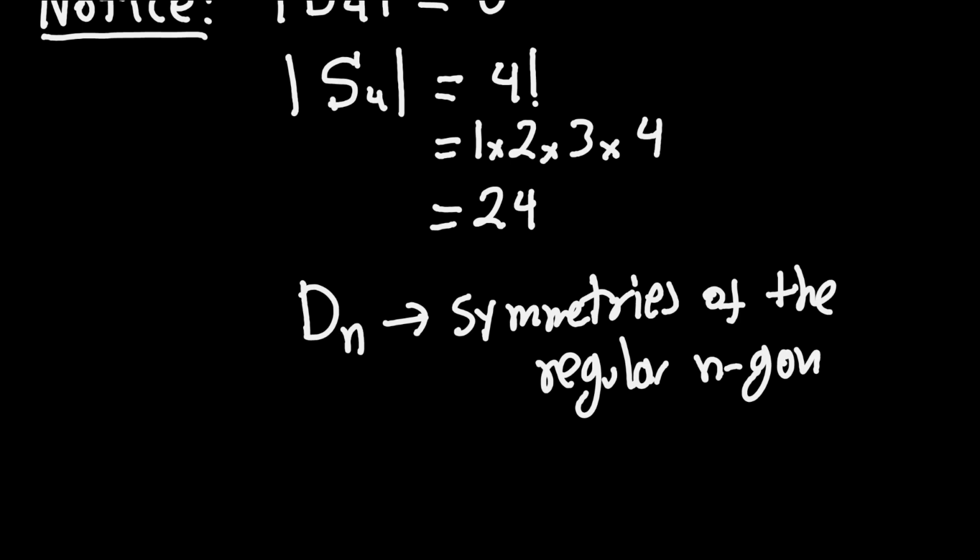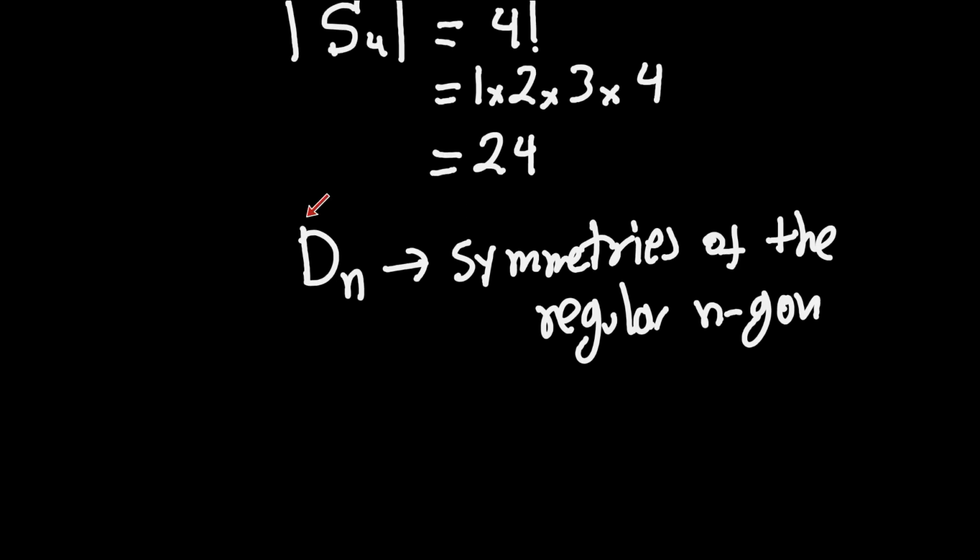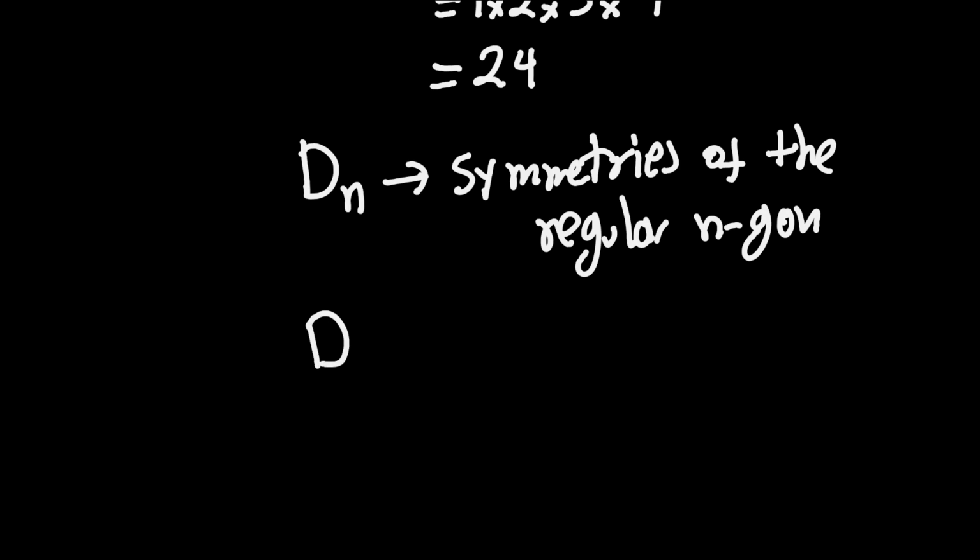You can think of this as a subgroup of Sn. So Dn in general will be a subgroup of Sn, and they are not the same. So Sn has a lot more elements than the symmetries of the n-gon. That's a good way. The reason we talked about this is because it's a good way to represent the symmetries of the n-gon just by looking at permutations of elements from 1 through n.